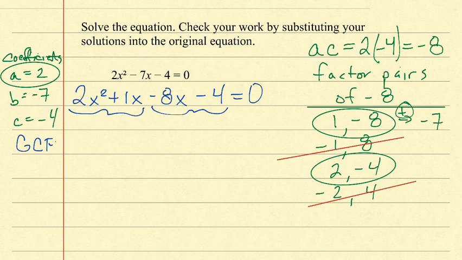Well, the greatest common factor in 2x squared plus 1x is x. I factor that out. The greatest common factor of the two terms, negative 8x minus 4, is negative 4, leaving behind 2x and 1.